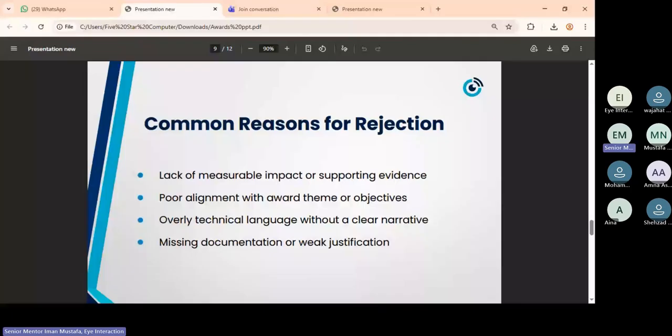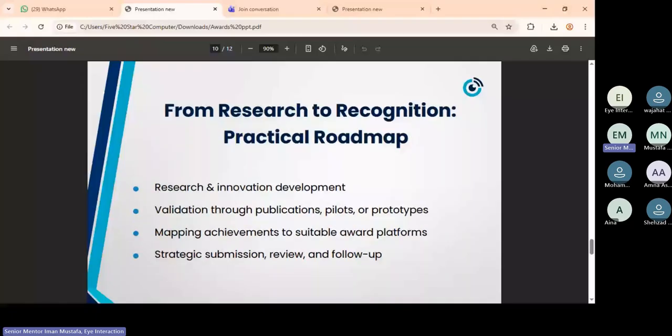So this is basically the practical roadmap, a step-by-step roadmap from research to recognition, right? From the work you are doing and the research you are making to global recognition. If you want a simple roadmap, follow this. The first step is to work on your research or idea.